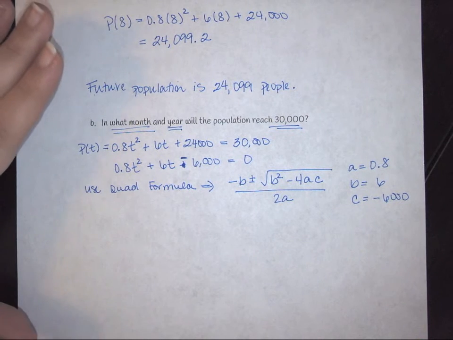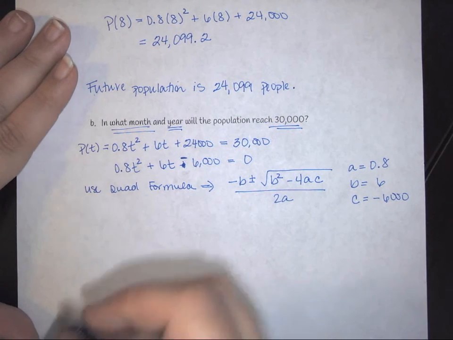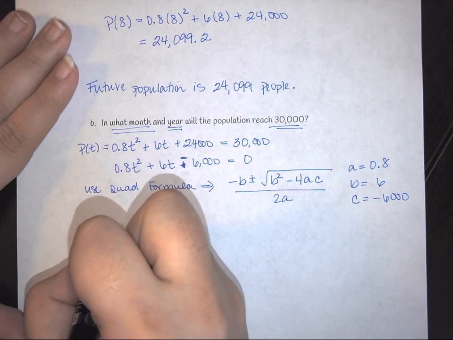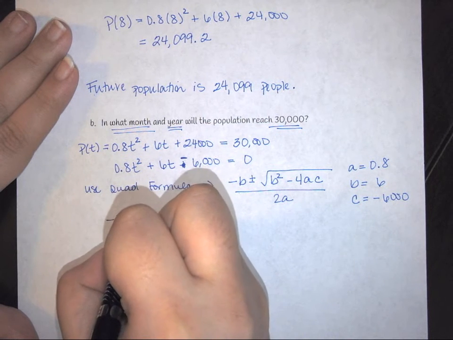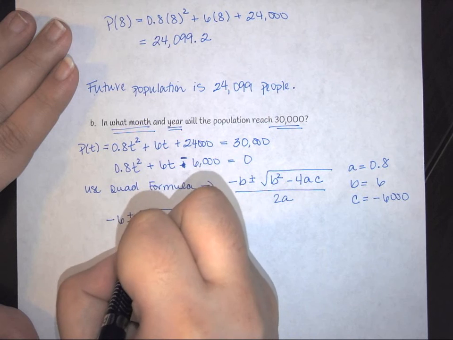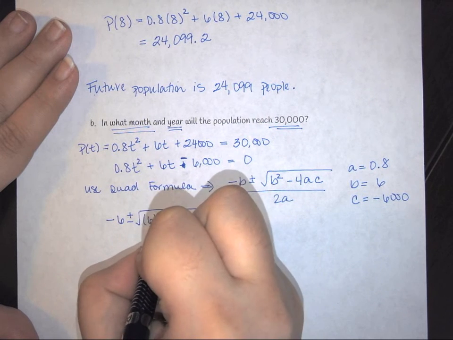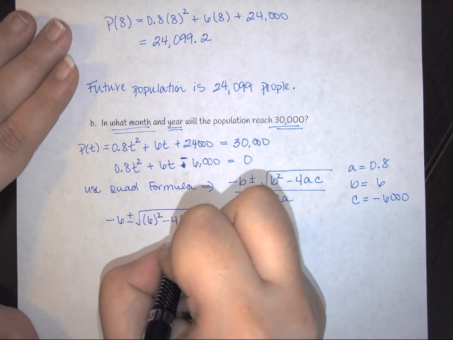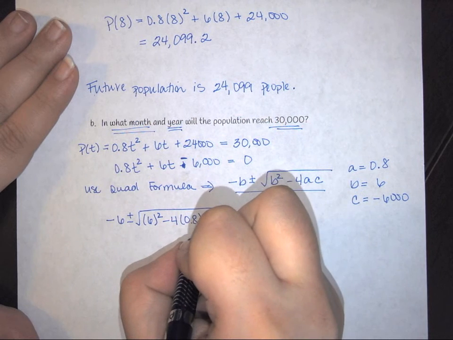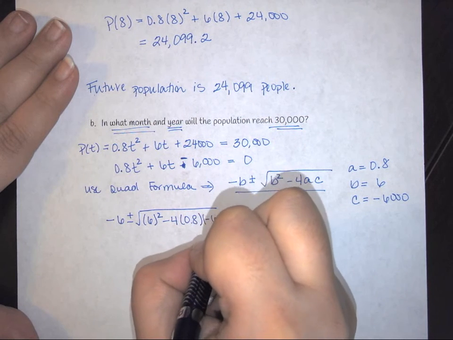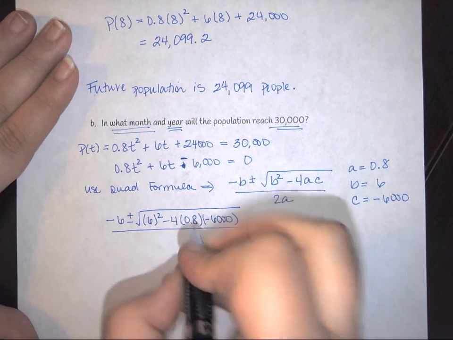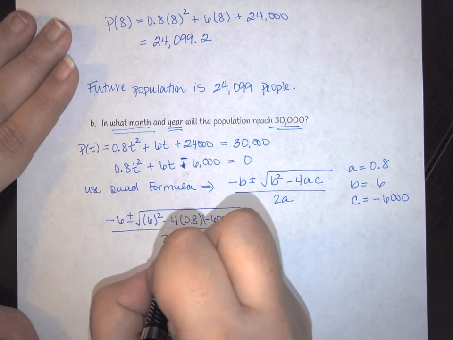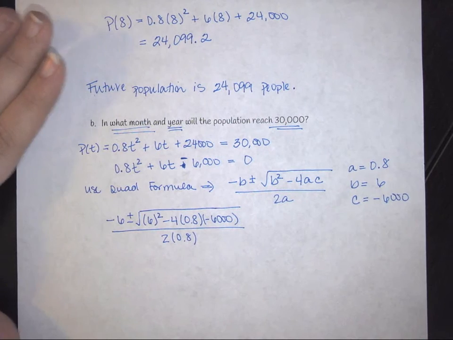So we got to plug our information in. So you're going to have negative 6 plus or minus the square root of 6 squared minus 4 times 0.8 times negative 6,000. And that whole thing is over 2 times 0.8.